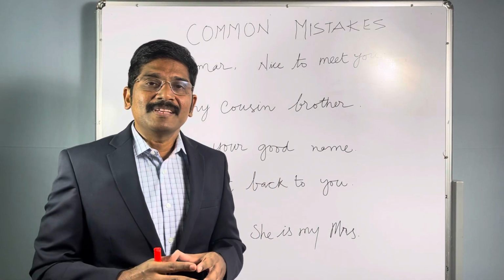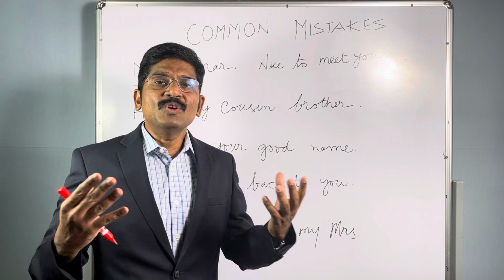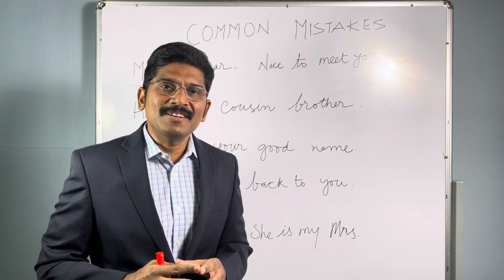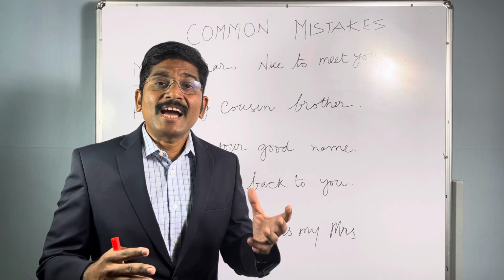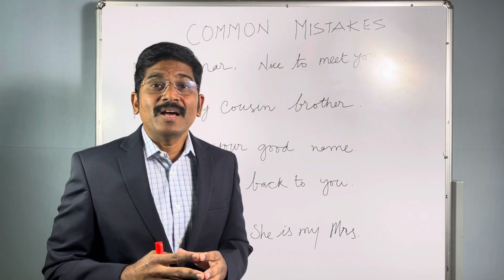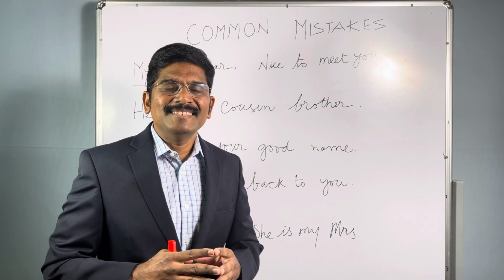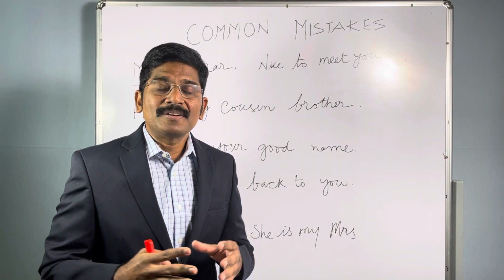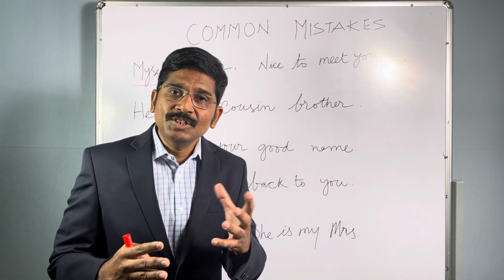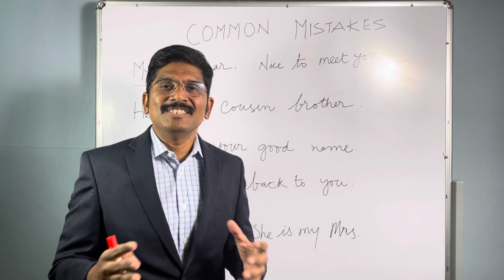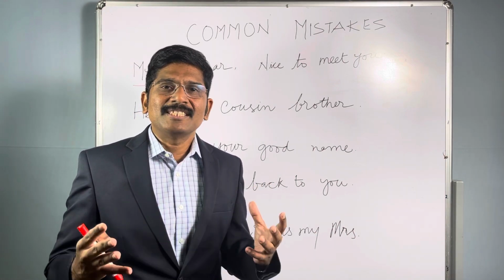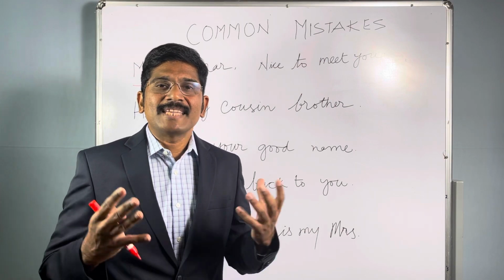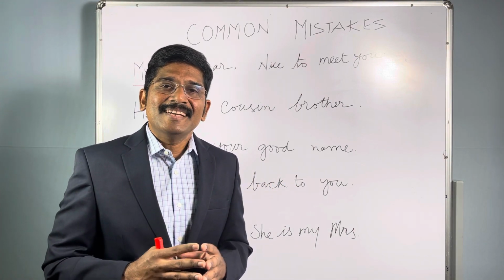An example can be, I looked at myself in the mirror, or I have cut myself while trying to fix the light, or hope you enjoy yourself at the party tonight. So a reflexive pronoun like myself, yourself, ourselves, himself is used like that.